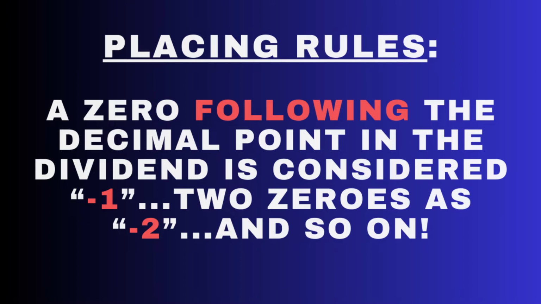A 0 following the decimal point in the dividend is considered minus 1. Look at this picture carefully. So a 0 following the decimal point in the dividend is considered minus 1. And if there are 2 zeros, they will be considered as minus 2. And if there are 3 zeros, they will be considered as minus 3 and so on.